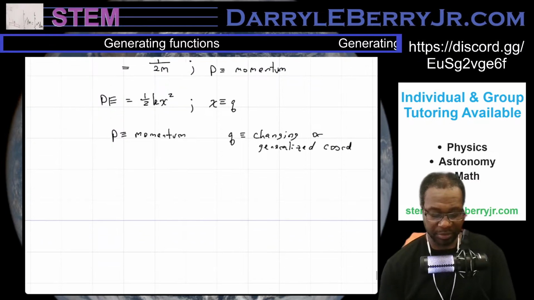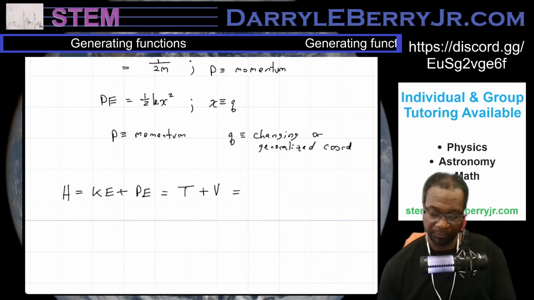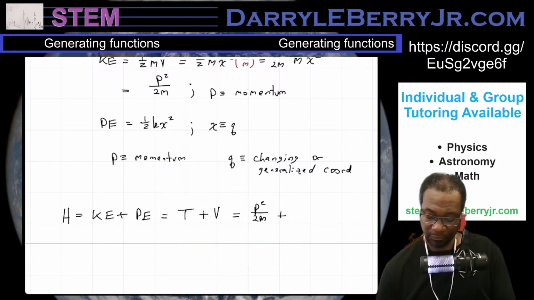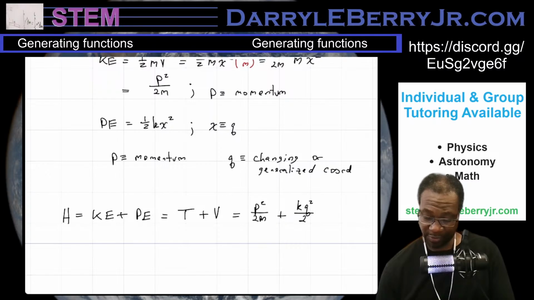So that means that since the Hamiltonian is KE plus PE, which is T plus V, that's going to be P squared over 2M plus KQ squared over 2, which is what the book has.